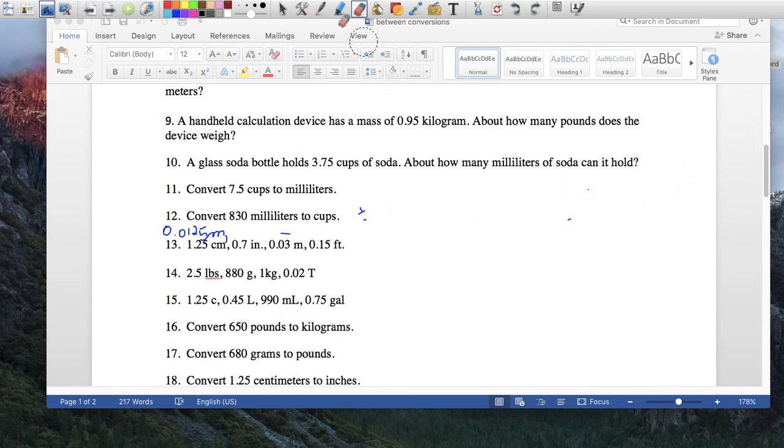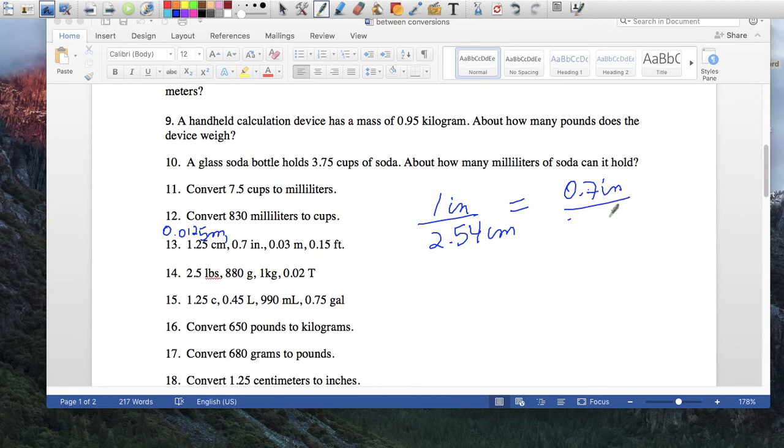And then inches, I'm going to change it to meters as well. So 1 inch equals 2.54 centimeters. And I'm going to write 0.7 inches here.